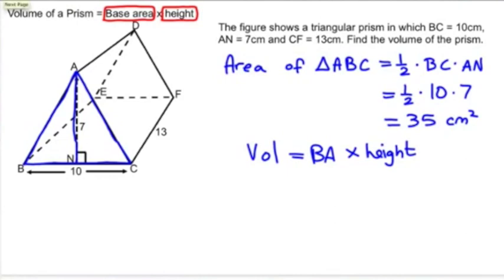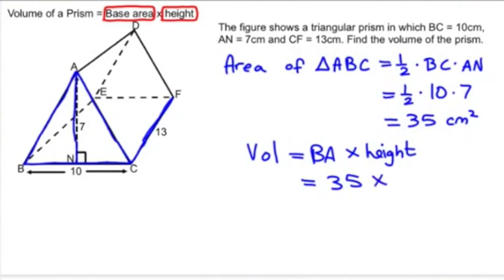Well, now that I have the base area, I can use that information, so 35, and I'm given that my height is CF, 13, but it doesn't look like a height because it's kind of laying flat on its edge. That's because it's sleeping. Turn it up and you would be able to see how it mirrors the other triangular prism that we saw before.